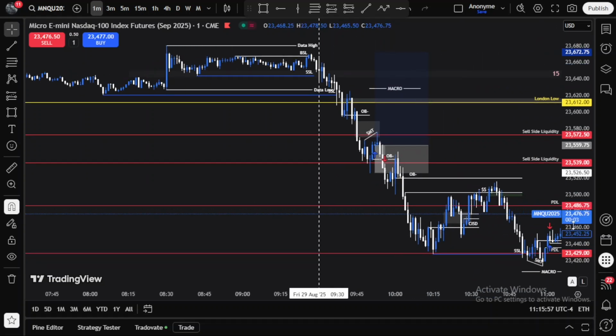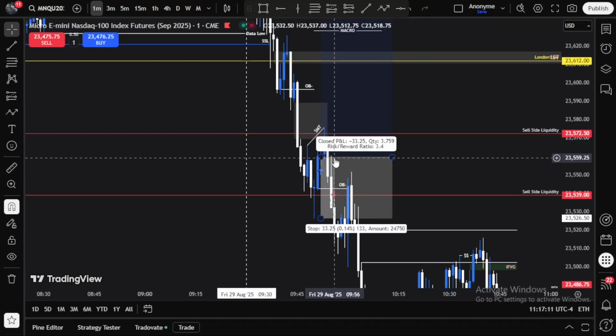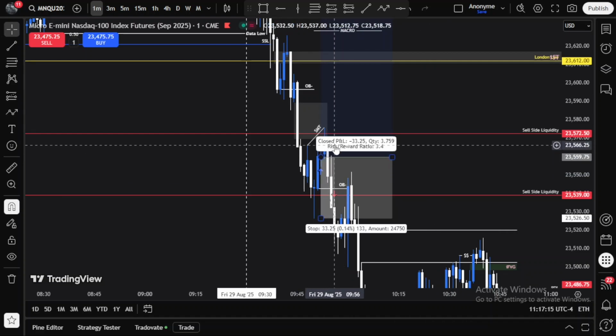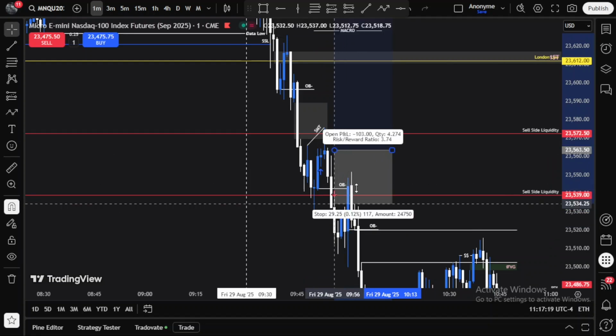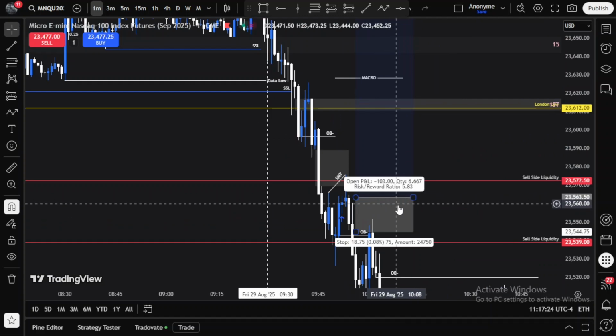I got immediately stopped out. I could have just waited to tap into this gap and then break above this one, making this an OB and take a trade like this, and this could have made me avoid the whole loss.